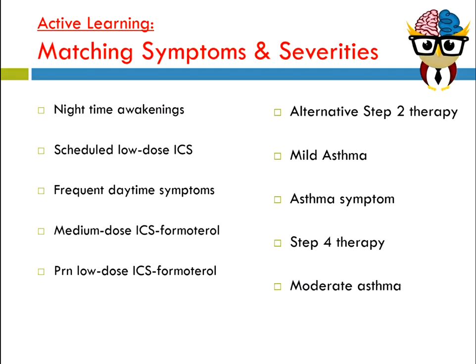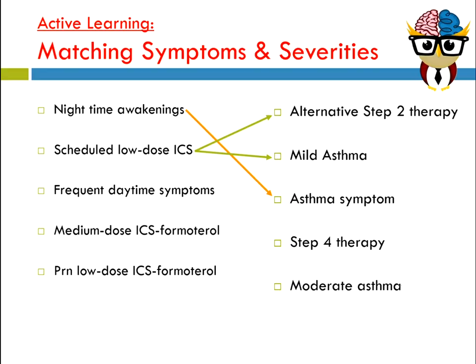All right, so let's practice. Nighttime awakenings. Is that a symptom, or is that a severity, or is that a step in therapy? Symptom. Good. Scheduled low dose ICS. That therapy is scheduled low dose, which should be step 2. So which one is that? Mild, because they're on step 2. Make sense? Alright.